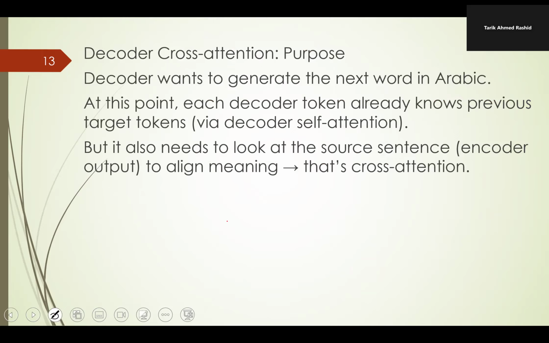But it also needs to look at the source sentence, to know the source of each token that comes and to translate it. So it comes from the encoder, which gives the values and K. That is the idea of it.